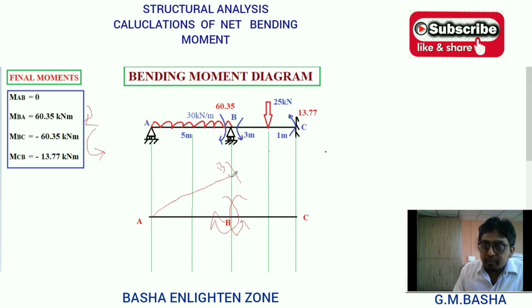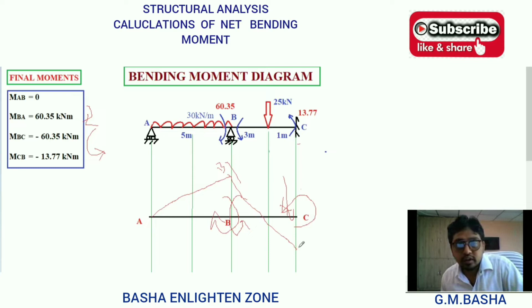At the same time, an anti-clockwise moment of 13.77 kilonewton meter applied at C means whenever a force is applied on the span like this, it will move in the downward direction. If you add these two, you will get like this. This is the logic or procedure for drawing the bending moment diagram.